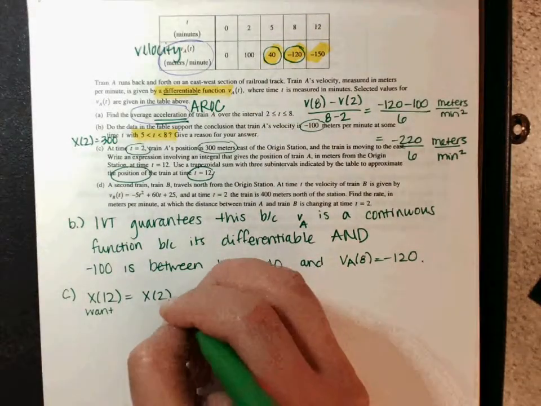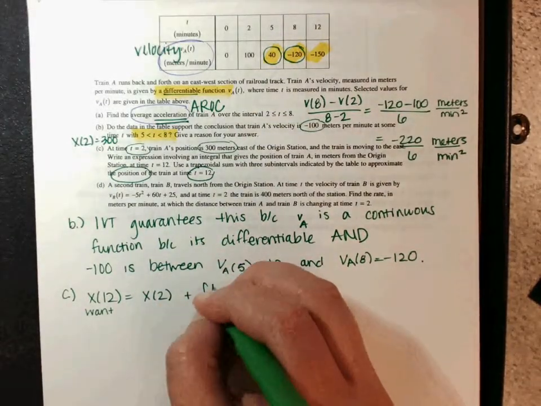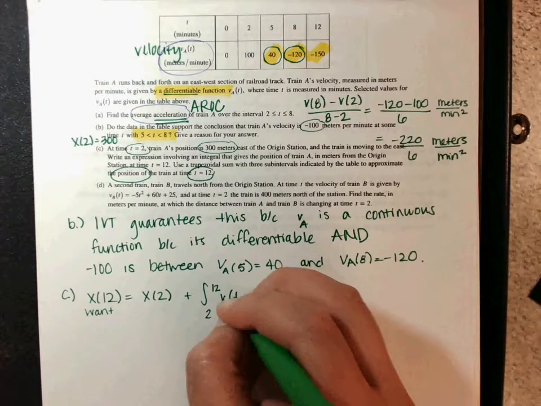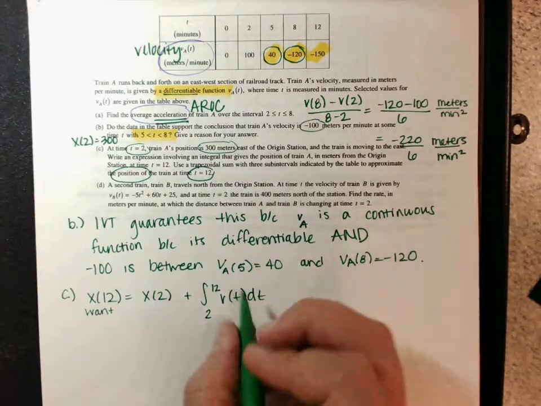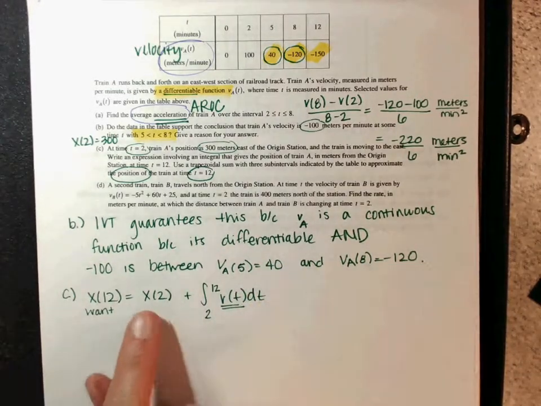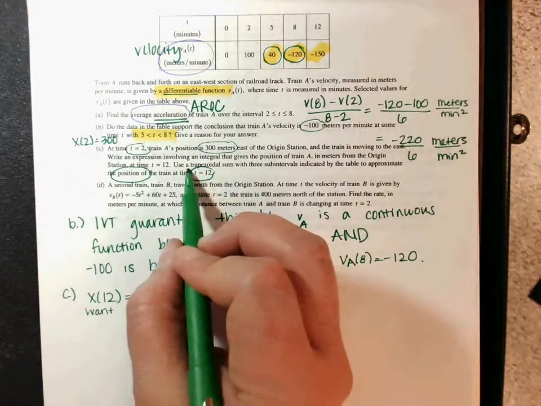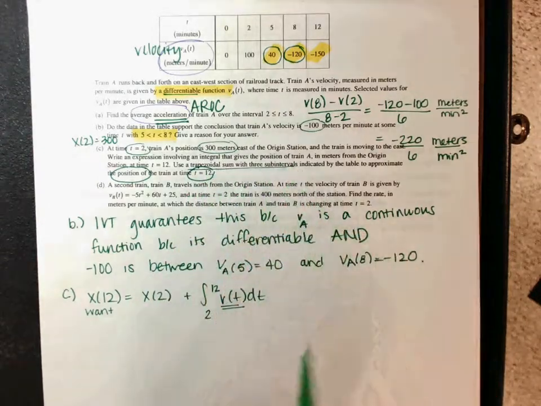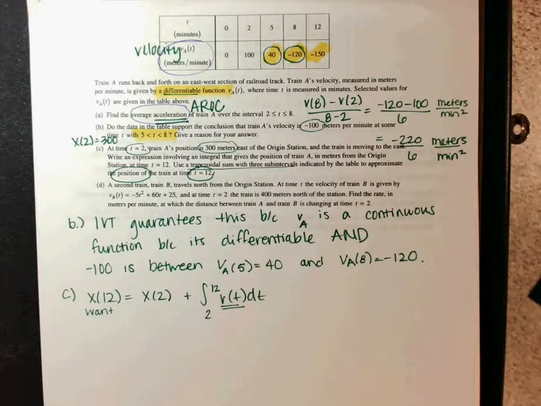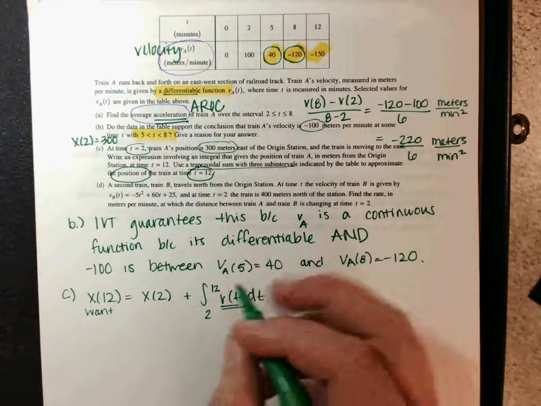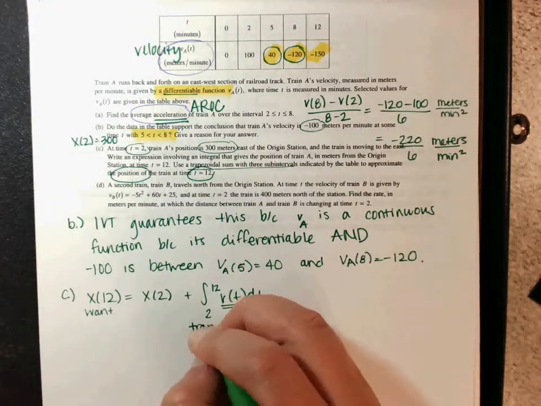Okay, plus the integral from 2 to 12 of v of t. And then remember that whatever goes in here should always be the derivative of what's on the outside. Okay? Then from here it tells me to use a trapezoidal sum with the subintervals in the table to approximate the position. So that trapezoidal sum is applying just to this part.